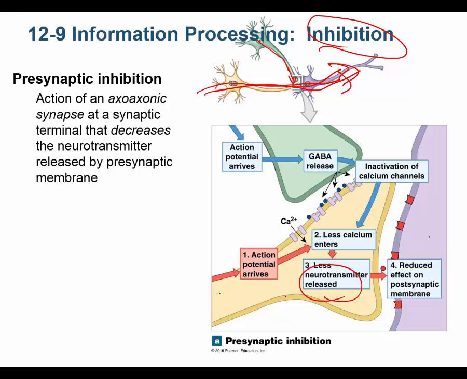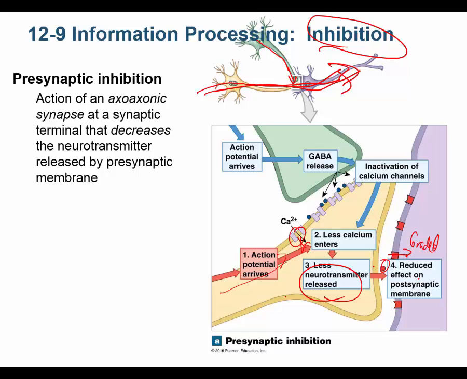So in the yellow neuron, the action potential comes down, voltage-gated calcium channels open, calcium comes in, calcium makes the synaptic vesicles fuse and release, and I get neurotransmitters released, which bind the receptor and cause sodium channels to open, and you get a graded potential over here. Now, the more neurotransmitter that is released, the more sodium enters the postsynaptic cell, and the more likely it's going to hit an action potential and fire.